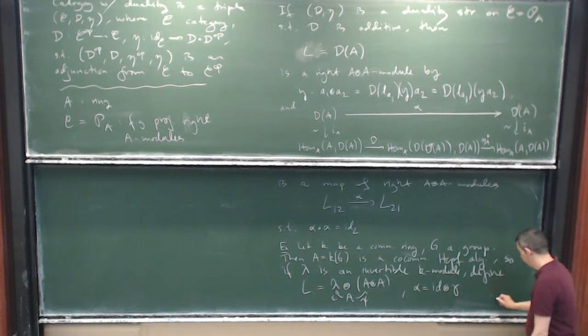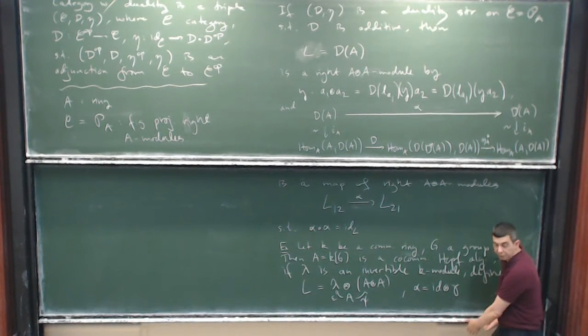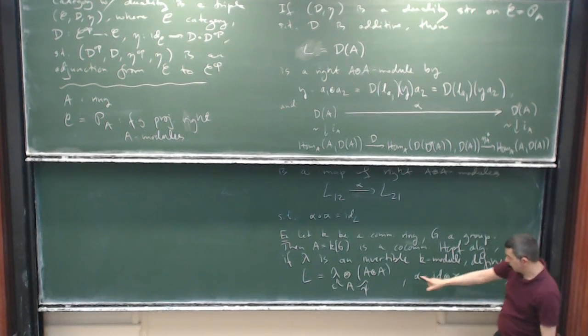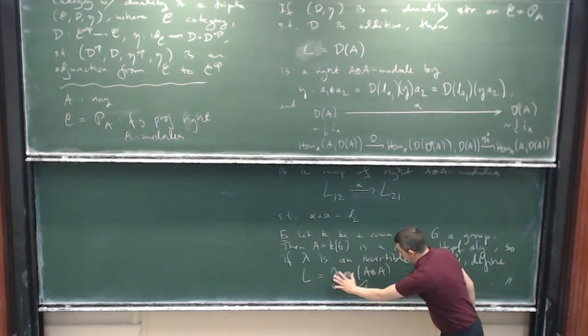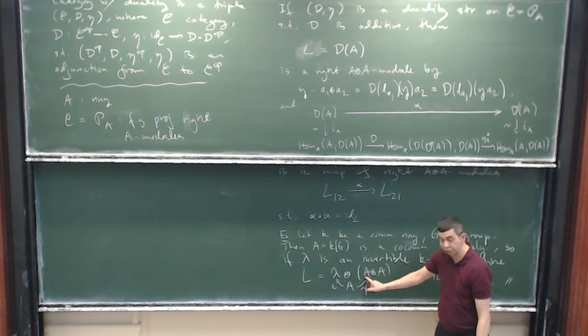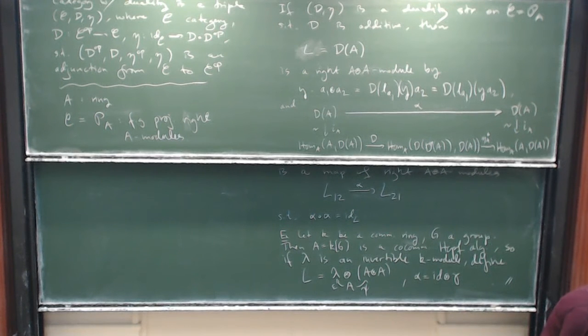So this is how you get the natural duality structure on a group algebra. You can identify, if this was K itself, you could identify this with one copy of A, but you have to choose which one you use. Do you use this or do you use that? And this avoids making that choice.